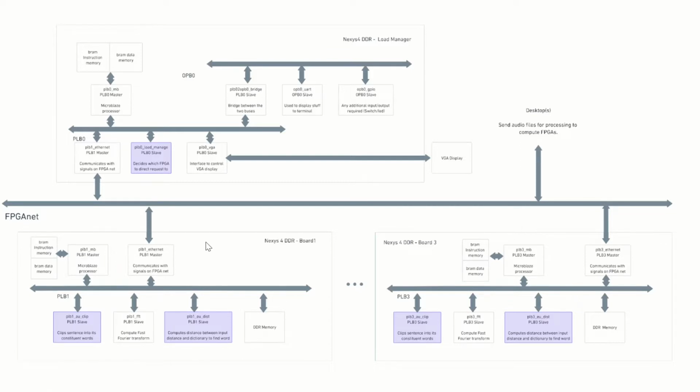Each compute FPGA receives the audio wave from the desktop and then processes it, identifies the words in the sequence, returns it back to Load Manager, which displays it on VGA. With that said, we will be moving on to the explanation behind the processing that gives us the words identified in each sequence.